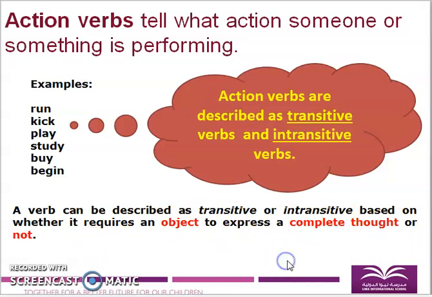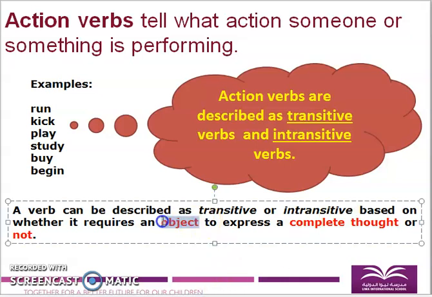A verb can be described as transitive or intransitive based on whether it needs an object. What is this object then? Why do we need an object?